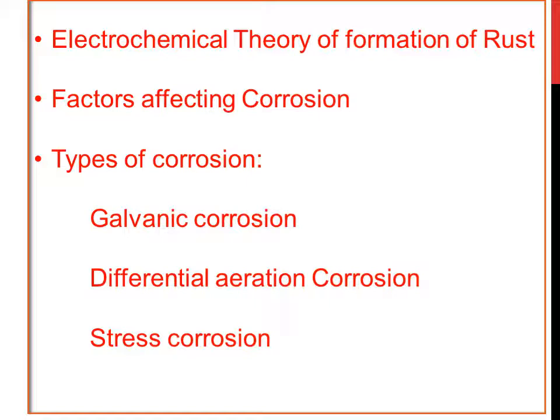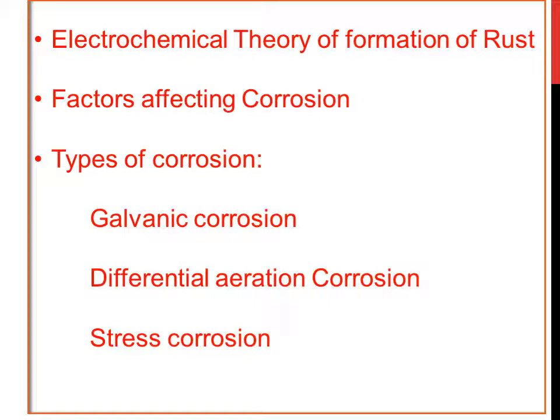The next factor was how the rate of corrosion is influenced by the nature of the anodic area and the cathodic area. The ratio of anodic area to cathodic area is inversely proportional to the rate of corrosion.